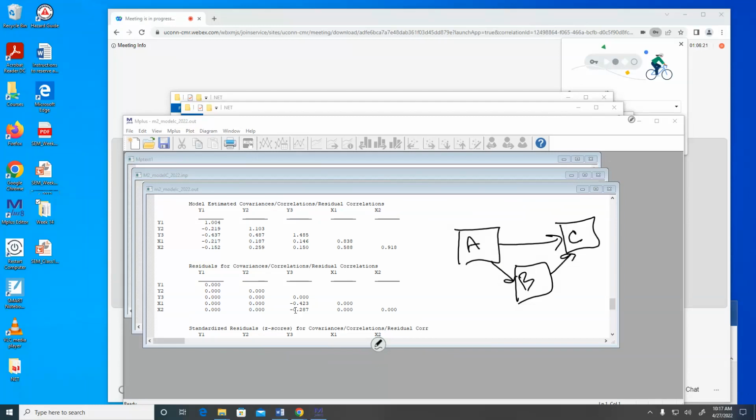Then my second model constrains the direct effect of A on C to be equal to 0. Those two models are nested, right?